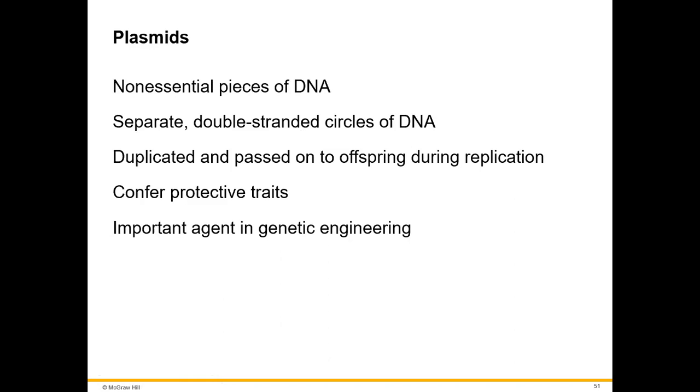They can be duplicated and passed on to other bacteria during replication. They can carry protective traits for the bacteria. And they're widely used in genetic engineering because you can take a plasmid, cut it, put a gene in it, insert it into a bacteria, and the bacteria will make the gene products.